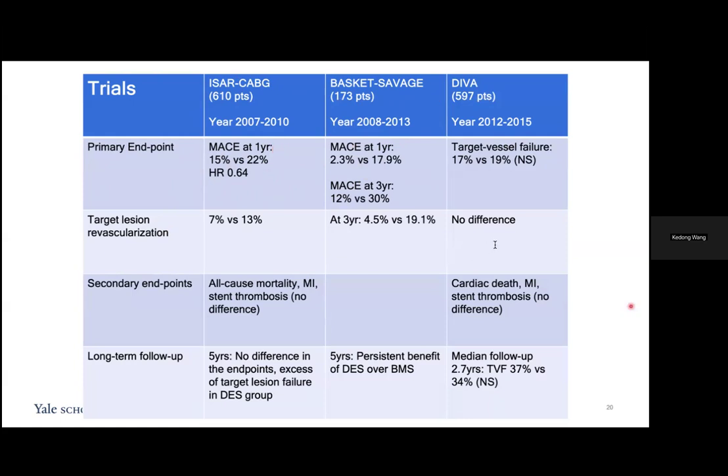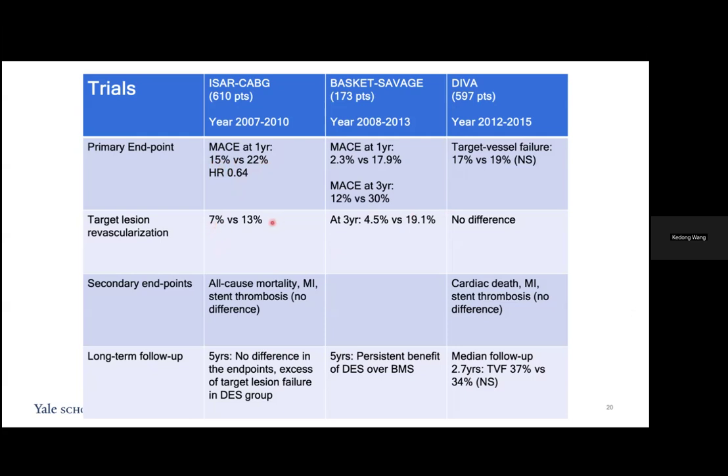And it showed that there is a statistically significant difference in MACE at 1 year, so 15% in the drug-eluting stent versus 22% in the bare metal stent. And that's largely driven by target lesion revascularization at 7% versus 13%.